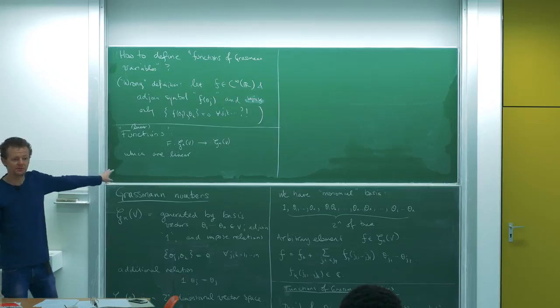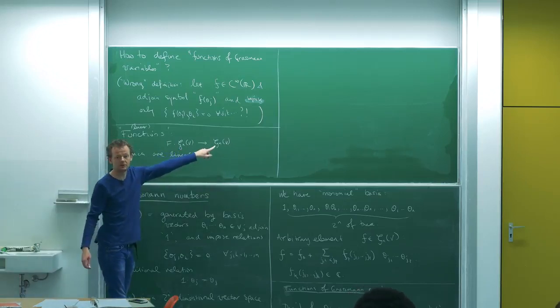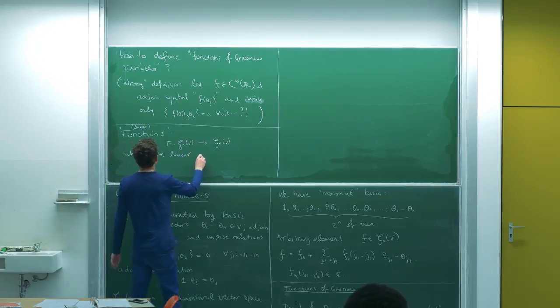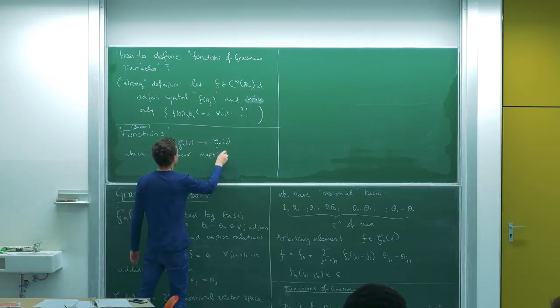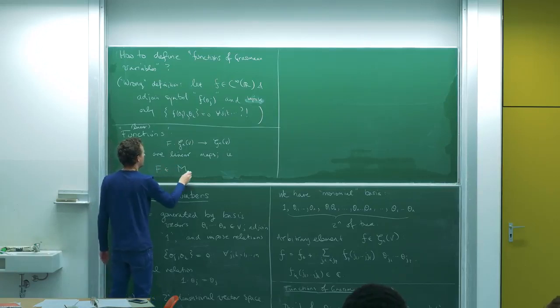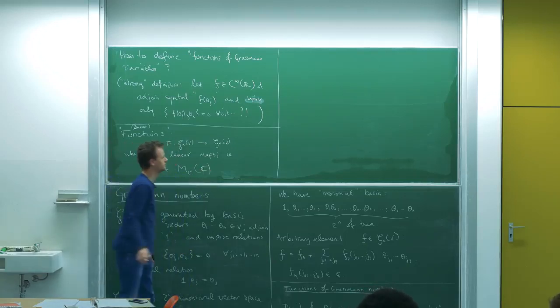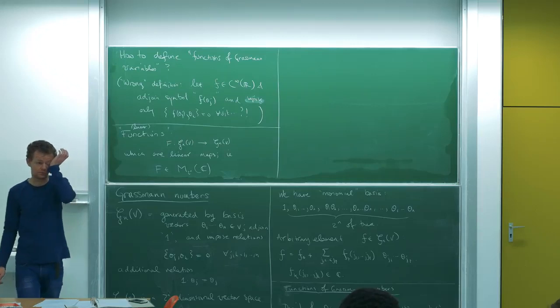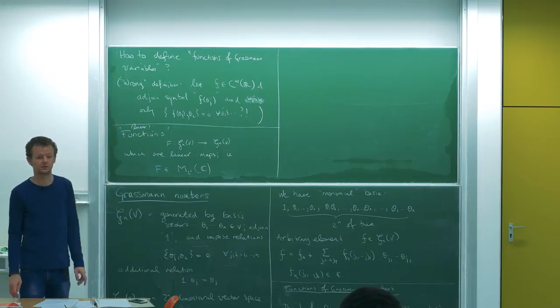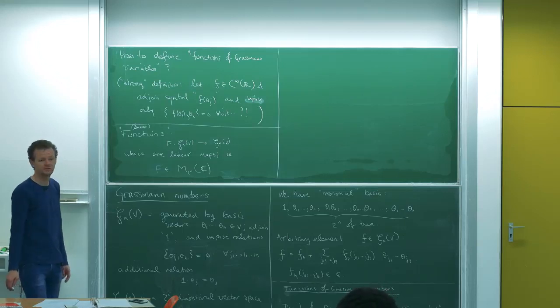They should be linear maps. Linear functions ought to be linear maps from the Grassmann numbers to the Grassmann numbers, i.e. f is somehow an element of the 2 to the n by 2 to the n matrices. So this is indeed the route we're going to take to defining functions of Grassmann numbers. They should be maps.